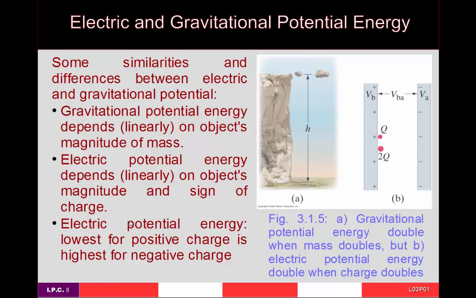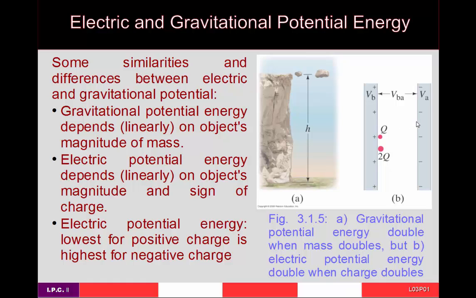Electric potential energy actually has one modification versus gravitational potential, in that because there are signs to charge, the lowest potential energy for a positive charge is the same as the highest potential energy for a negative charge. So right here is the highest potential that these positive charges have. If I put a negative charge here, it would actually be at the lowest potential energy.